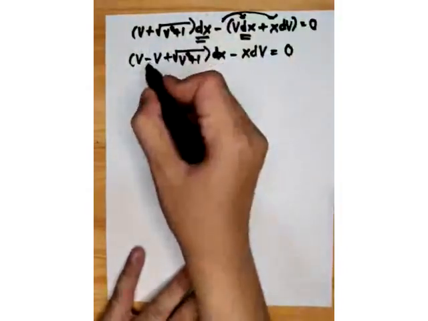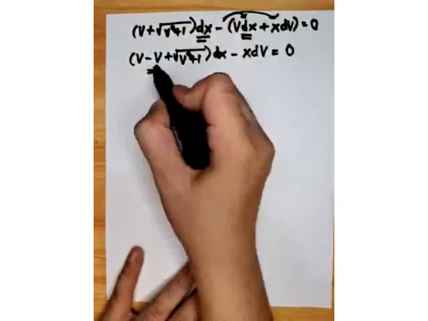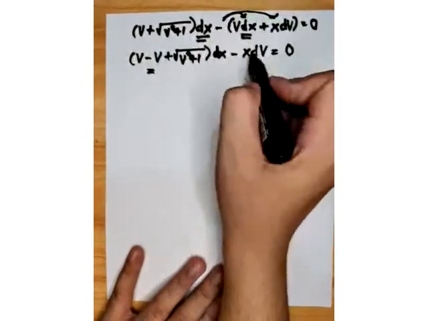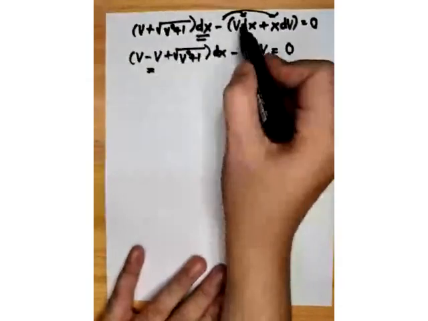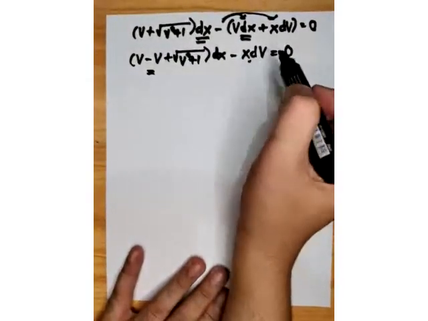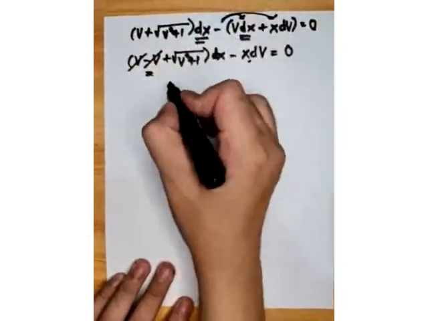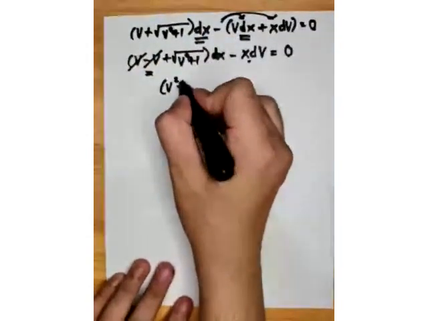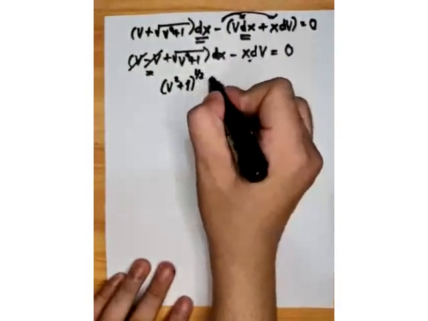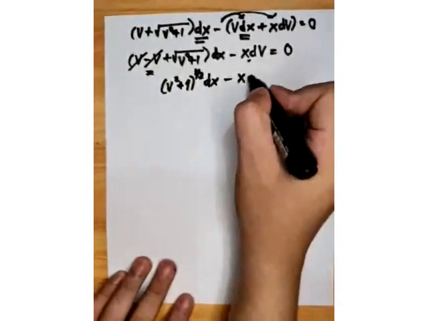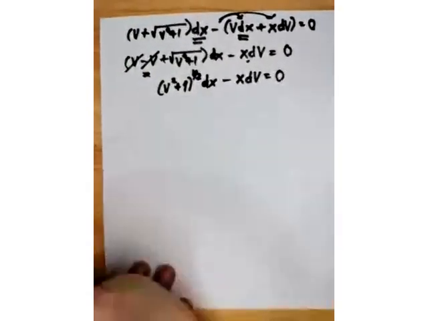So that's why we have negative v here. So I'll have negative v and the negative x dv. So we can cancel this. So we only have v squared plus 1 raised to 1/2 dx minus x dv is equal to 0.